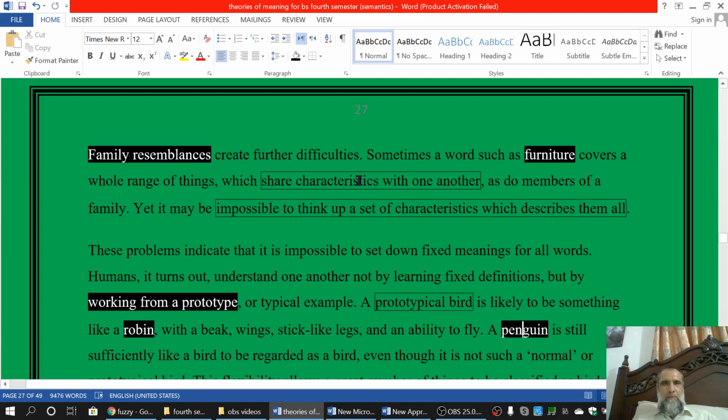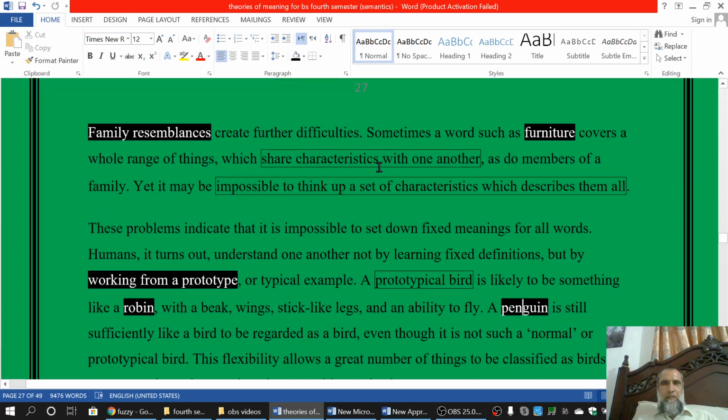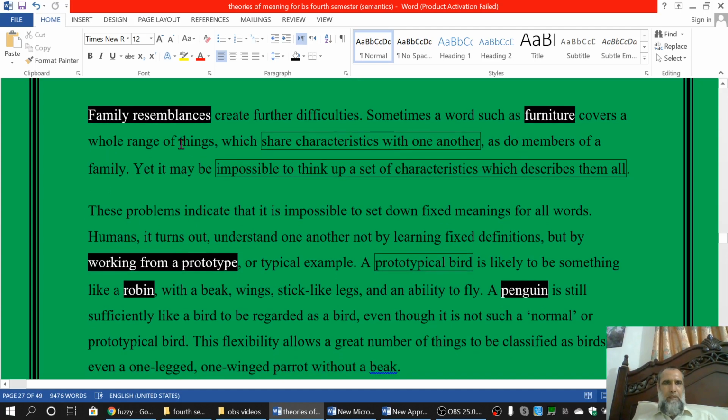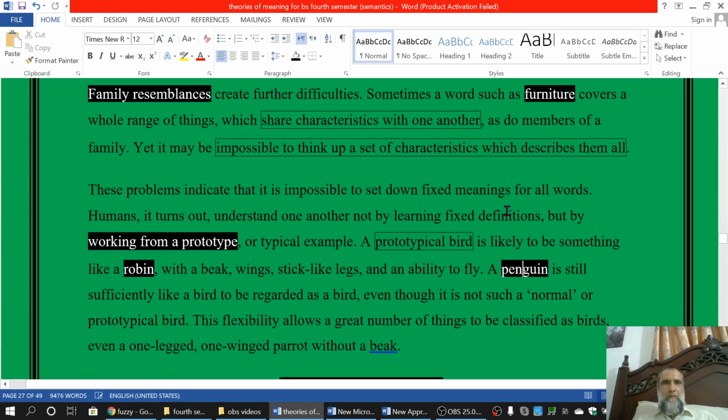फैमिली रिजेम्बलेंसेस क्रिएट फर्दर डिफिकल्टीज. फैमिली मुशाबहत मजीद डिफिकल्टी पैदा करती है सेमेंटिक फील्ड्स में. Sometimes a word such as furniture covers a whole range of things which share characteristics with one another, as do members of a family.